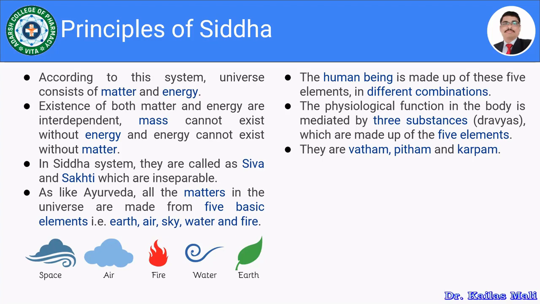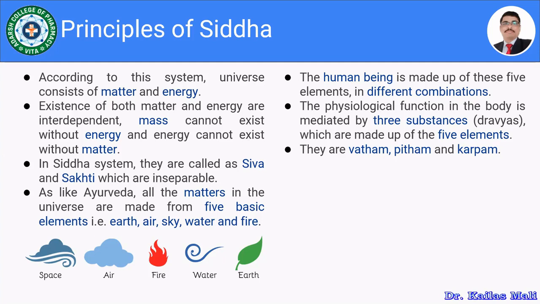The physiological functions in the body are mediated by three substances known as the dravyas, which are made up of the five elements. The dravyas are classified as Vatam, Pittam, and Karpam. Maybe you are aware of Vata, Pitta, and Kapha from Ayurveda. Here also it is the same: the three doshas are considered in the Siddha system of medicine.